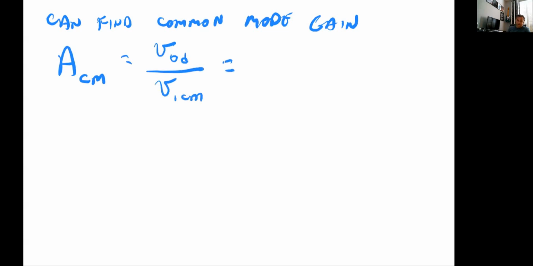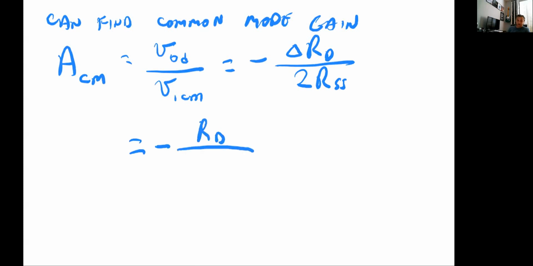And that's going to be, from the previous expression, and that is also another way of writing that, minus RD, if I introduce RD again without changing the overall expression.